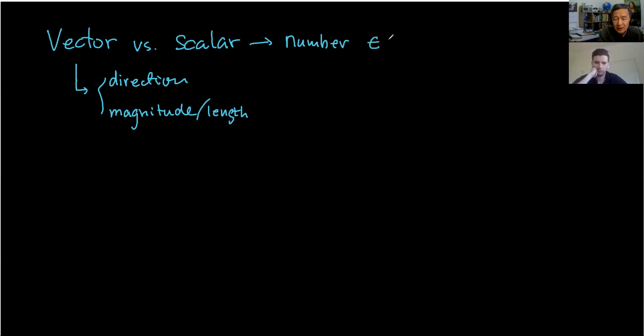Now, for the magnitude, we can always use numbers. So the length or magnitude is also a number, can you see? So the length or magnitude is a scalar.